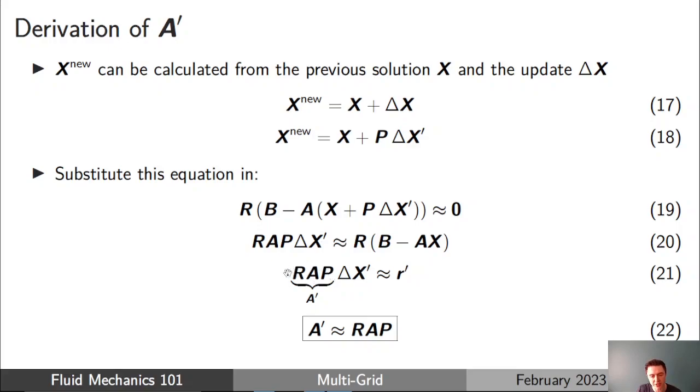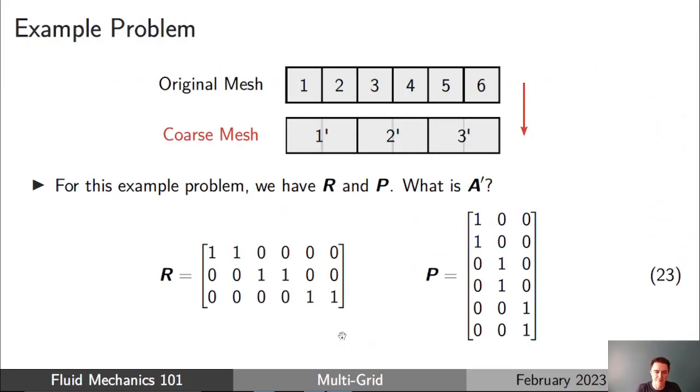And we know that these three quantities collected together must be approximately equal to the restricted A matrix, A prime. And so we arrive at the result that A prime, that's the 3x3 A matrix, is approximately equal to the restriction matrix multiplied by the large original A matrix and multiplied by the prolongation matrix as well. So we have a very simple result, a matrix multiplication that we can use to approximate A prime.